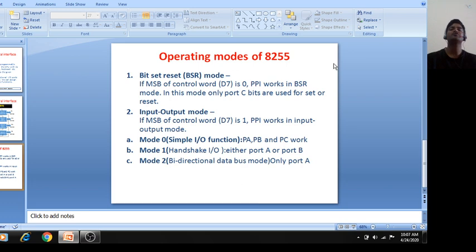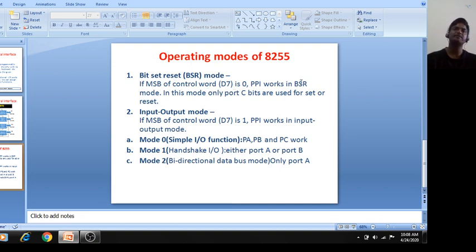These are the operating modes of 8255. There are two general categories: BSR mode, bit set reset mode, and input output mode. 8255 will work in BSR mode when the MSB of the control register or control word, that is D7, is 0.